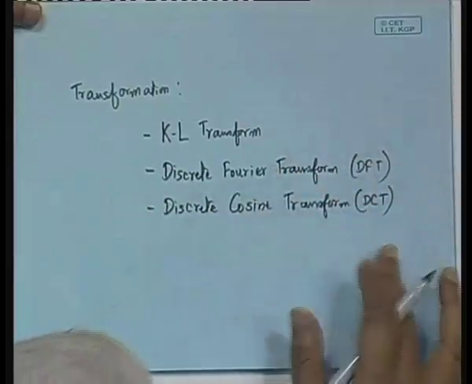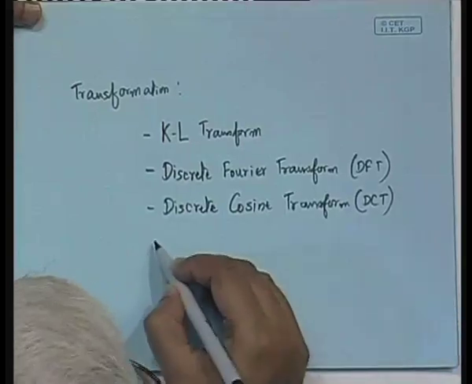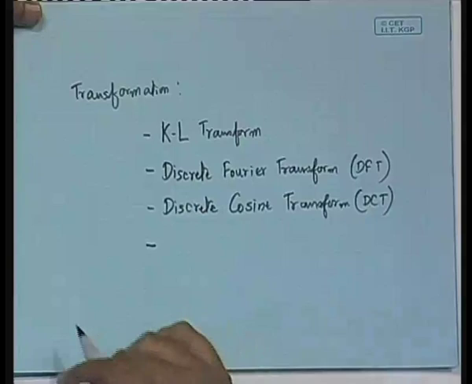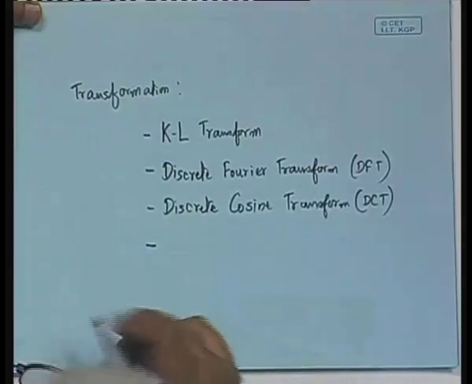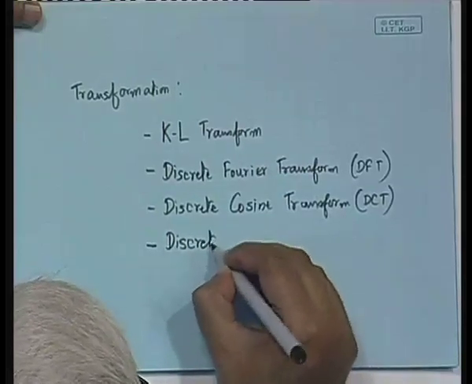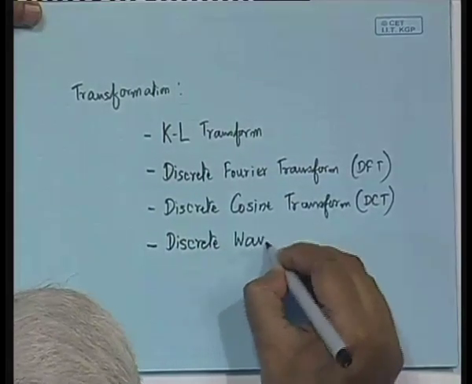That is the DCT, and now in very recent times, in the recent standard like JPEG 2000, the discrete wavelet transform has also been used, and this also is a very popular transformation process.